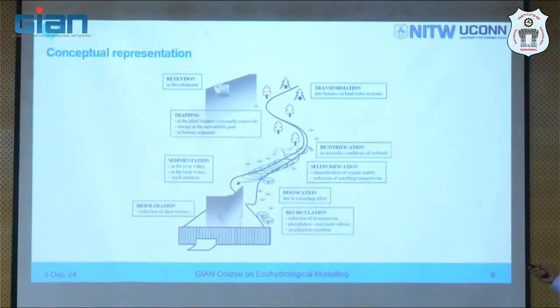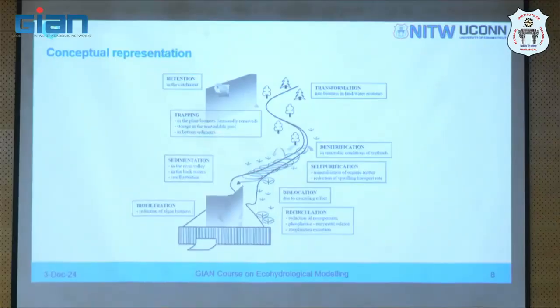There is also a lot of retention of those nutrients within the headwater streams. There is trapping in the plant biomass, and some of that may be seasonally removed as the fall comes and the leaves fall, and then the carbon is released back into the soil or back into water. But there is lots of seasonal trapping that happens.